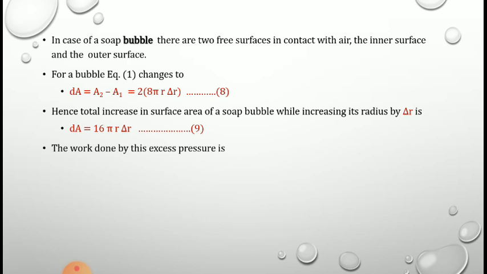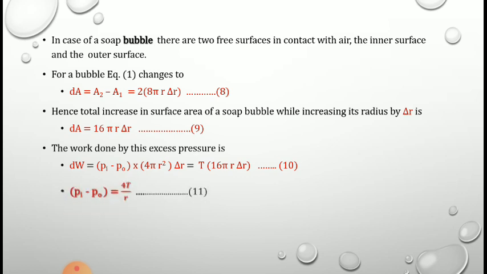The work done by this excess pressure is now given by dW is equal to (Pi minus Po) multiplied by 4 pi r square into delta r, and it is equal to T into 16 pi r into delta r. Cancelling the terms which are common on both sides, we get the final equation Pi minus Po is equal to 4T divided by r, which is represented by equation 11.